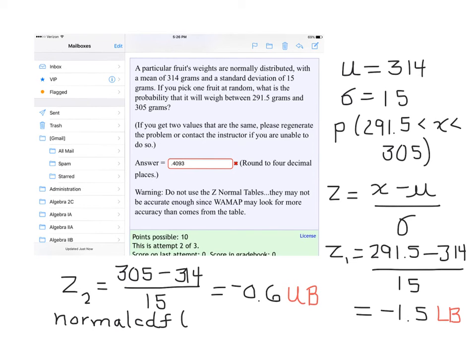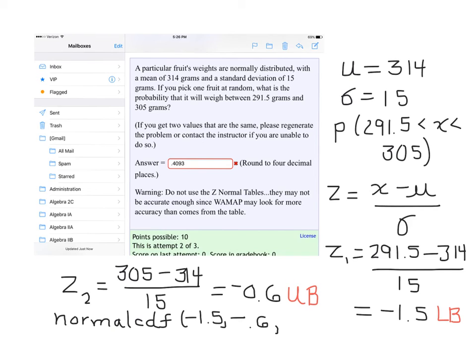So normal CDF, again, second vars option 2. Lower boundary would be negative 1.5. Upper boundary would be negative 0.6. Now depending upon your operating system, there's a possibility that it will require you to enter the mean and standard deviation.